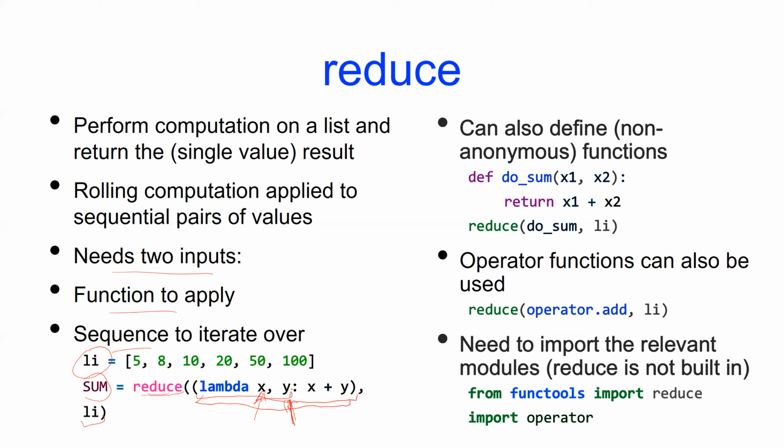Let me move further. Of course, you don't always need to use lambda here. You can define your actual function and pass it to reduce, because remember you can pass a function as an input parameter to another function.